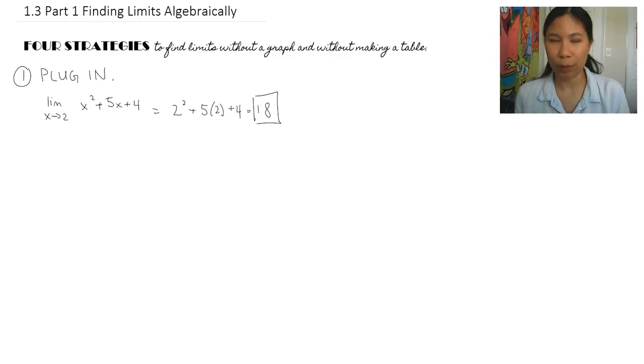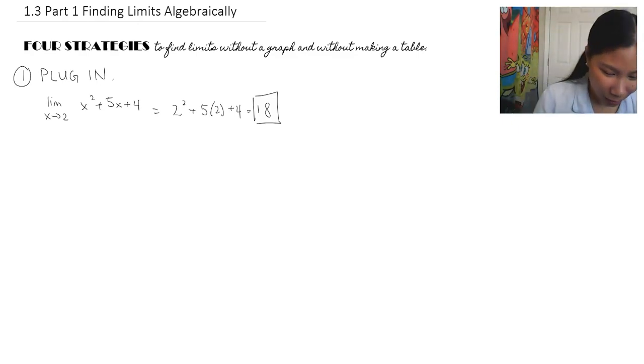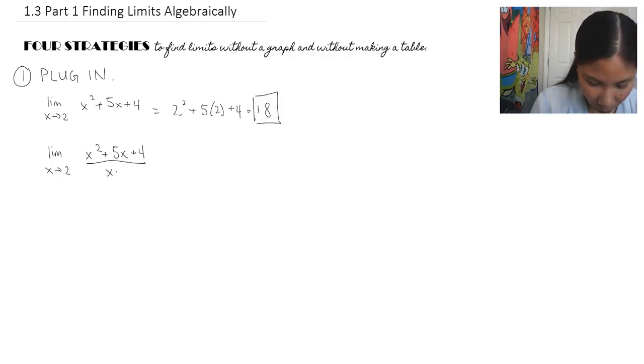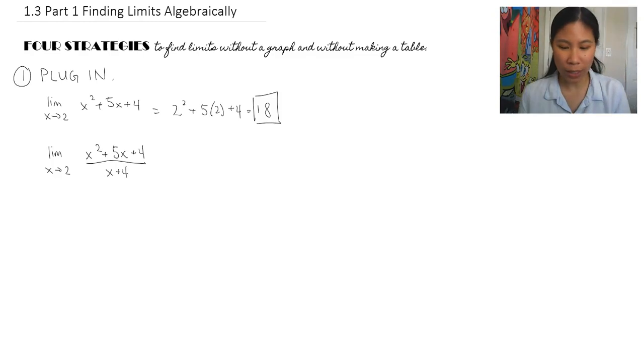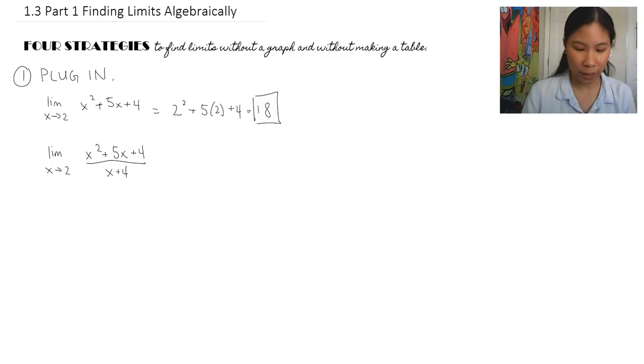And you can check your work by graphing this out and then seeing that at x equals 2, the y value is 18. Okay. I'll show you another one just in case, but the whole reason why we're able to plug in is because we're not breaking any math rules. So the only reason you wouldn't be able to plug in is if you had a rational function like this, where you're dividing by something.